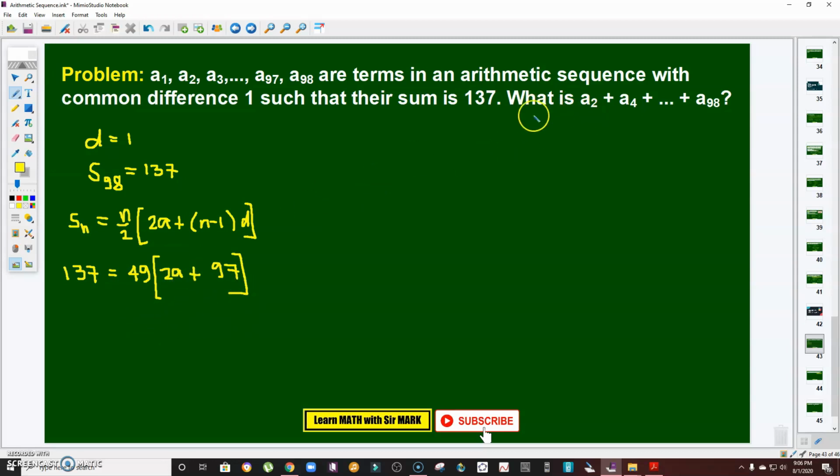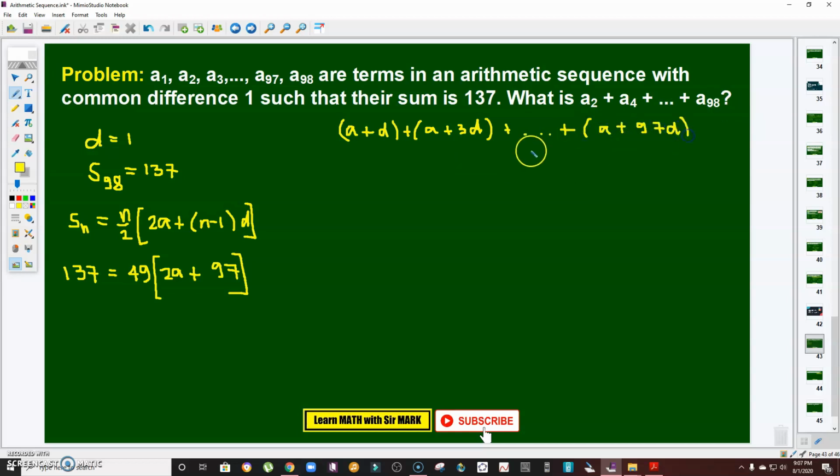Note that our goal is the sum of a sub 2 plus a sub 4 up to a sub 98. Let's do it this way. A sub 2 can be written as a plus b, plus the fourth term, which is a plus 3b, plus and so on, plus a sub 98, which is a plus 97b.